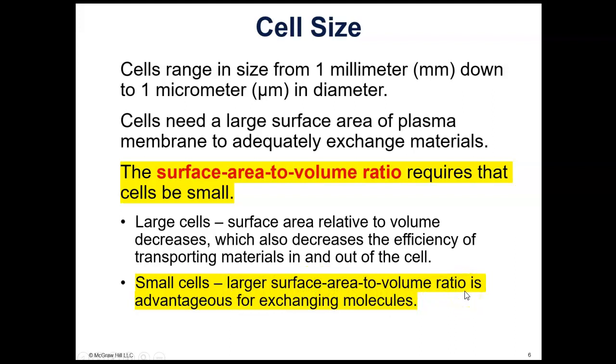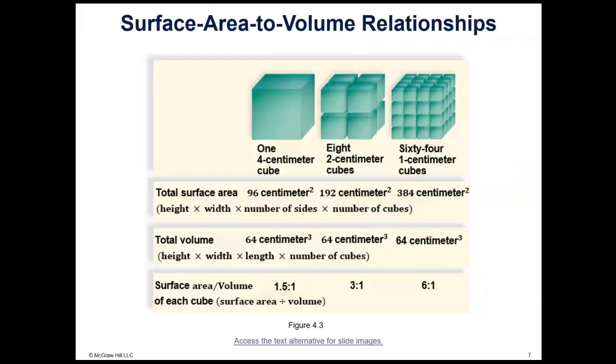The reason, and this is important, that's why I'm repeating it, is that a small size gives them a larger surface area to volume ratio. And the advantage is that it allows them to take in more molecules and get rid of more waste. More surface means more nutrients and more oxygen that can come into the cell.